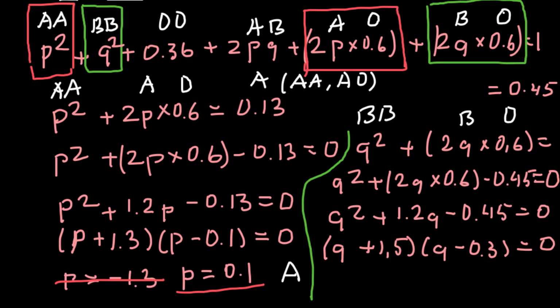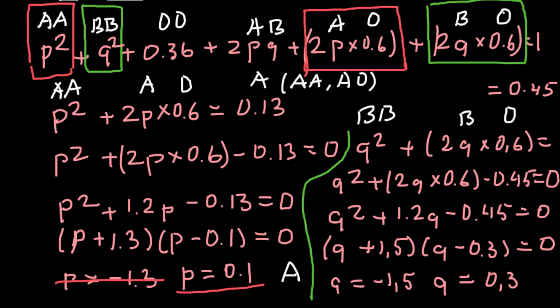And this gives us where the Q should equal to minus 1.5 or Q have to equal to plus 0.3.